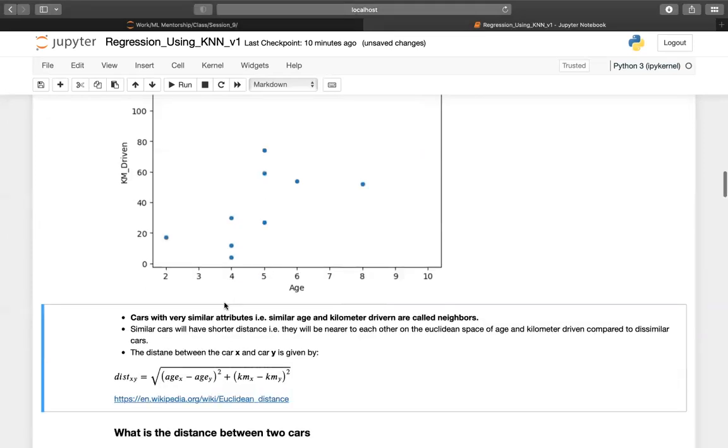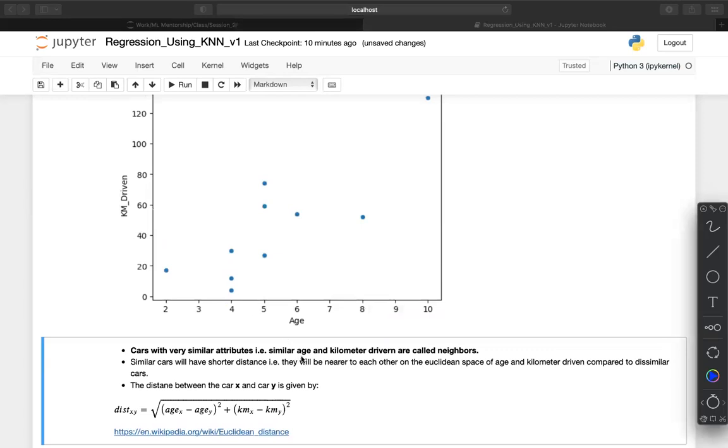Cars with very similar attributes, in this case a similar age and kilometer driven, are called neighbors. So for this particular example, this will be called the first neighbor and the second neighbor. Similar cars will have a shorter distance, that is, they will be nearer to each other in this Euclidean space, with dimensions age and kilometer driven, compared to dissimilar cars.